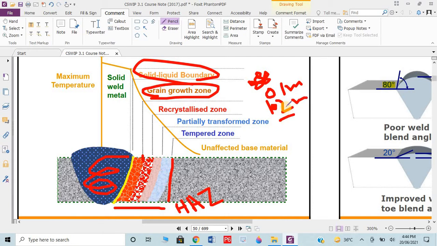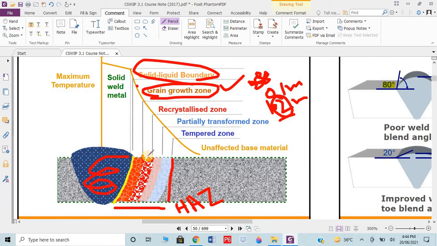So the extension of this 0.2 is just due to heat which occurred in the heat affected zone due to the weld metal. So the first problem is that due to heat the grain growth zone, the grain size could increase. This is also an examination point of view. In the initial area, what increases normally, the grain or the entire plate or expansion of the joint, we can simply tick the grain size.